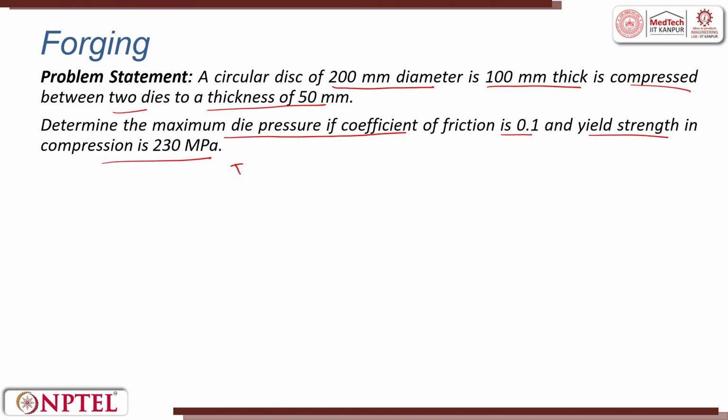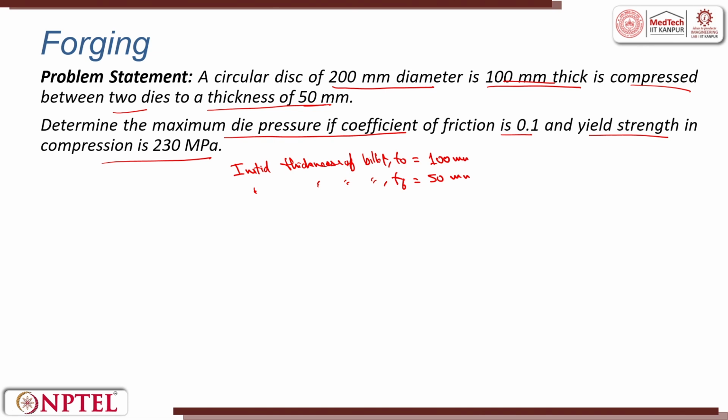So here I have been given the initial thickness of billet, which I will denote as T naught, as 100 millimeters, and the final thickness of billet, which is TF, as 50 millimeters.